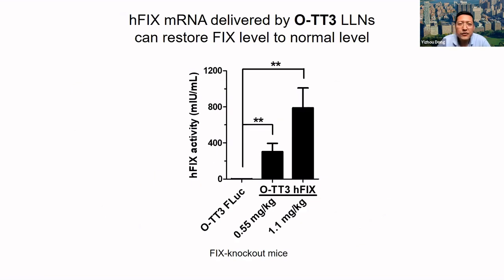Next, we were wondering if these factor 9 proteins are active or not, so we performed the activity assay. Here the y-axis is human factor 9 activity in MIU per ml, and the x-axis shows different treatment groups: control, negative control TT3 with Firefly luciferase mRNA, and our treatment groups, TT3 loaded with human factor 9 mRNA at 2 different doses.